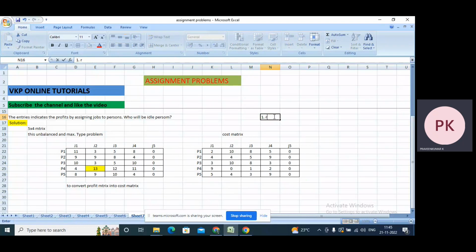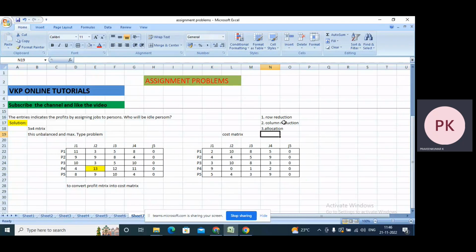One is row reduction, the second is column reduction, and the third is allocation to check the optimality. If you are not getting optimality, we need to do reallocation. That's the last step we need to remember.